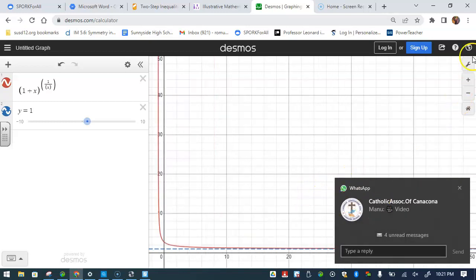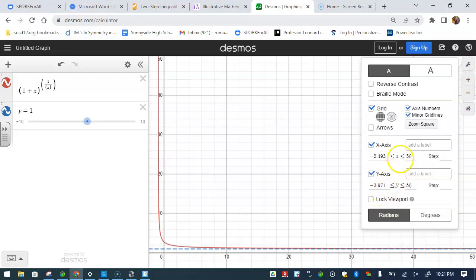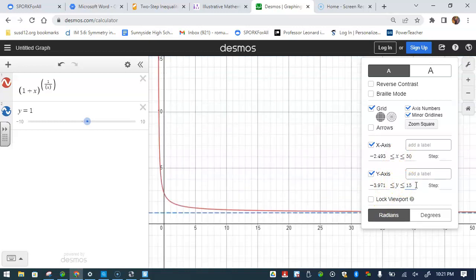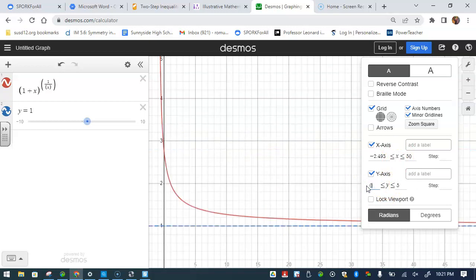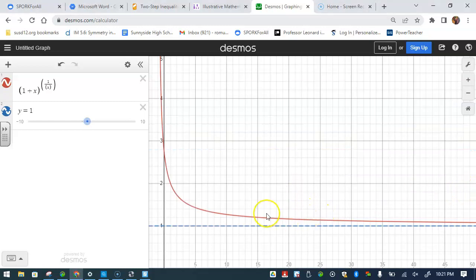And then the y, I don't want it so big. I think 50, not 15 also. Let's put it like 5. Okay. And why do we even need so much of -3? I'll just put it like a 0. And this looks so beautiful.